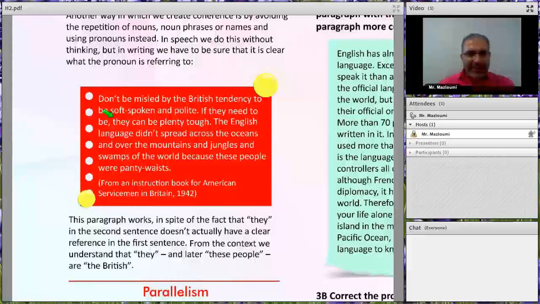So they help the writer create coherence by the use of pronouns. This makes the paragraph meaningful and comprehensible. So the British, then we have the pronoun they. Later, we have again, where was it?